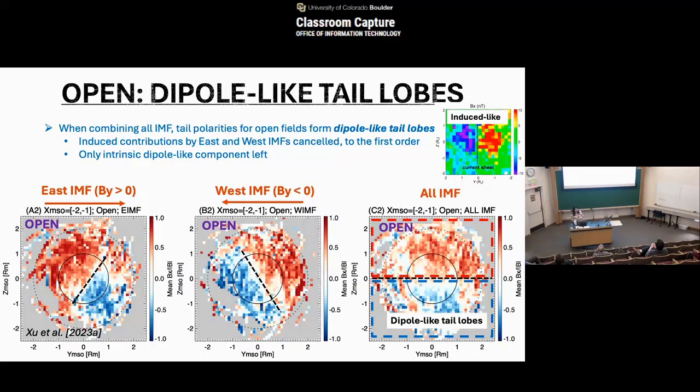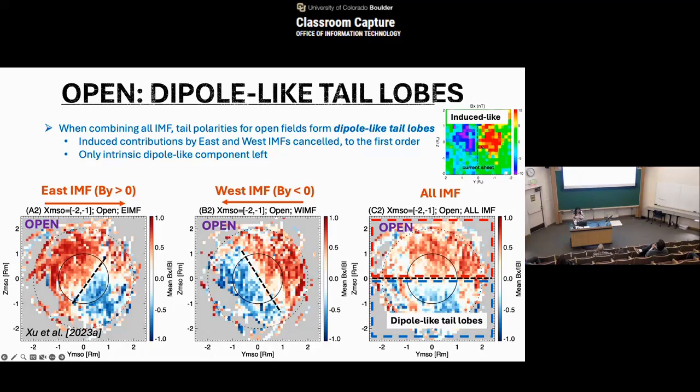What's more interesting is if we now only look at the field lines connected to the planet, that's the open field lines. So these are the two panels I just showed you. But if we combine all the IMF together, that's what shows up on the right. And now we see a very dipole-like tail lobe.